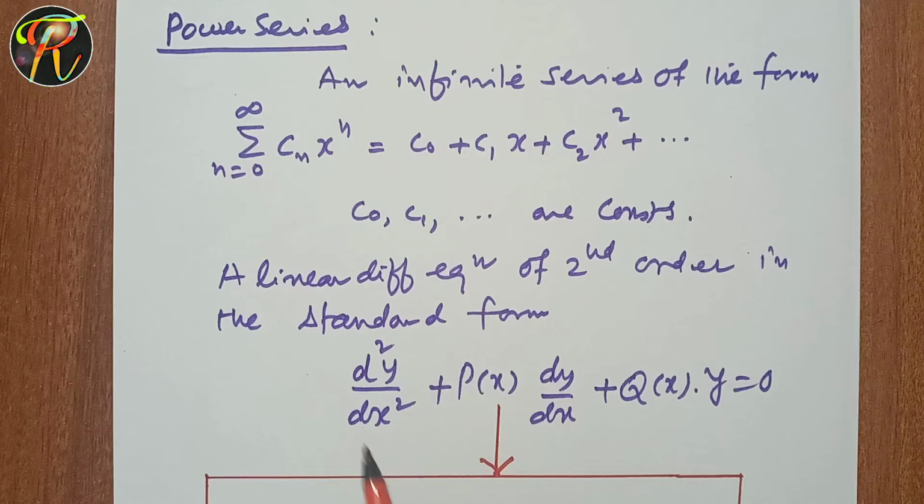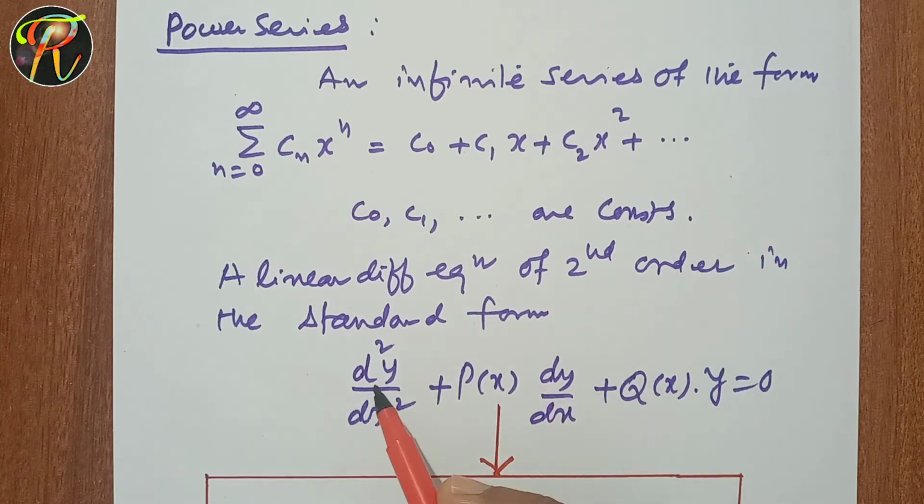So what is the meaning of linear? As we know, in any differential equation, what are degree and order? Here y is dependent and x is independent. First we see how many times y is differentiated with respect to x in the whole equation.